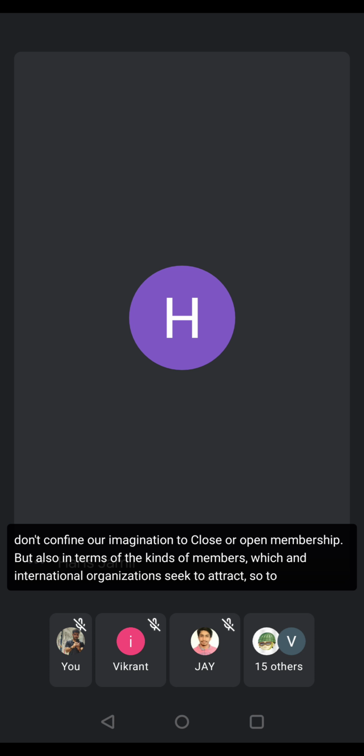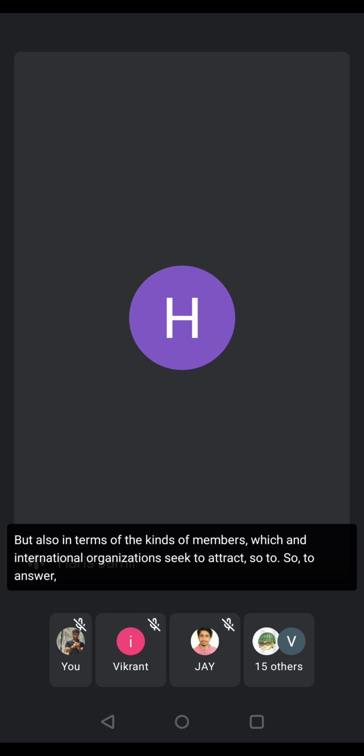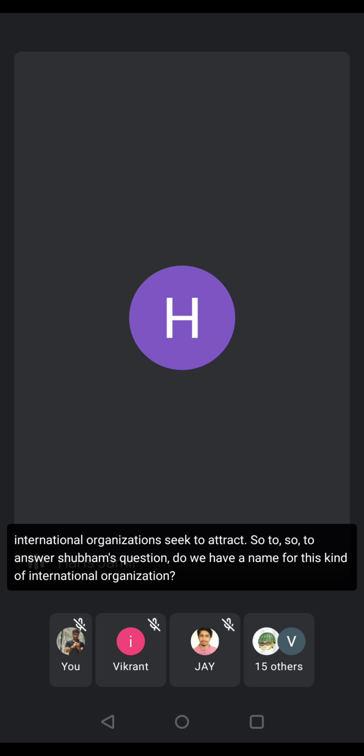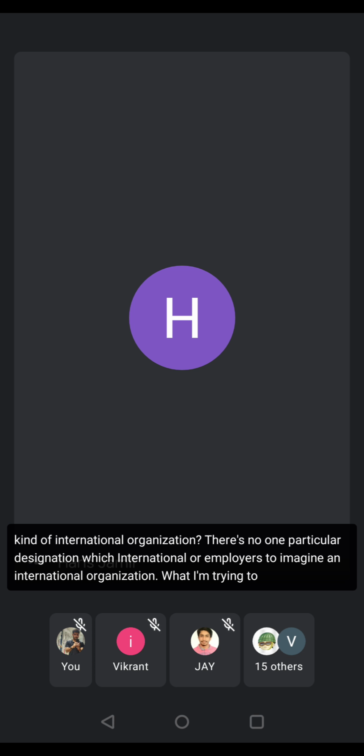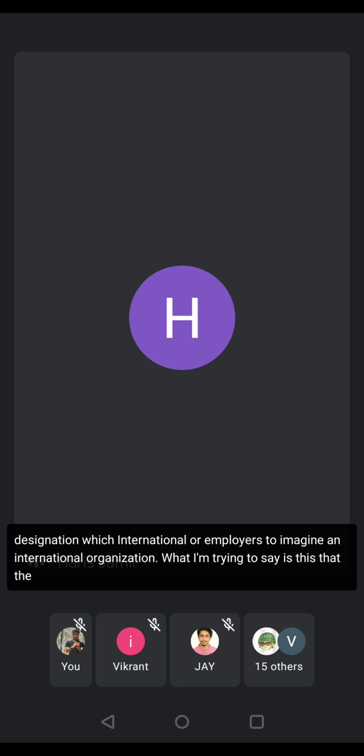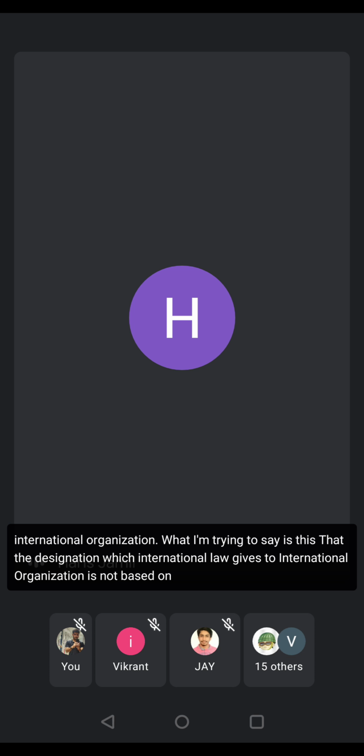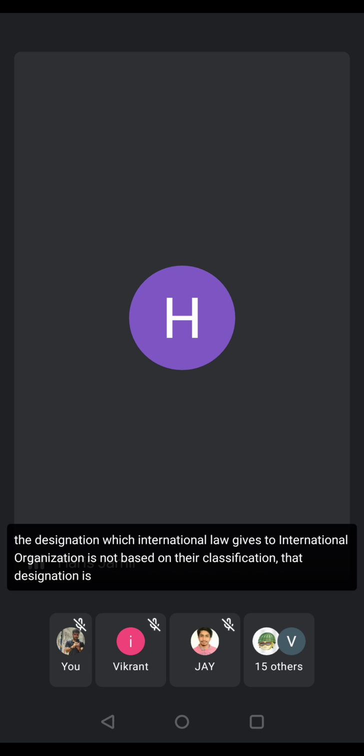So to answer Shubham's question, do we have a name for this kind of international organization? There's no one particular designation which international law employs. What I'm trying to say is that the designation which international law gives to an international organization is not based on their classification. The designation is subject specific.